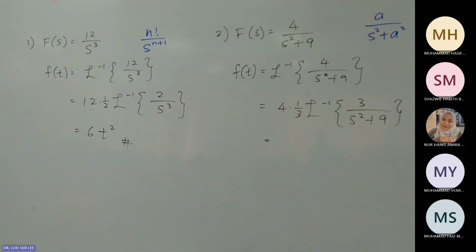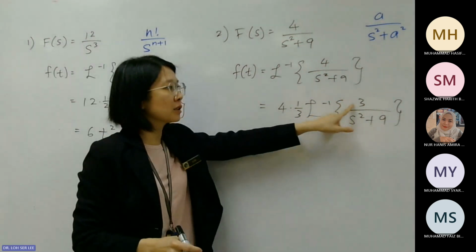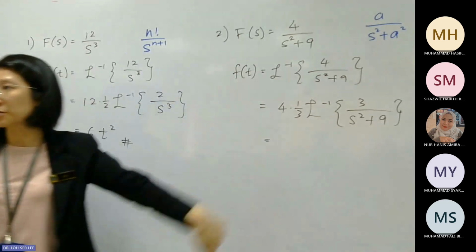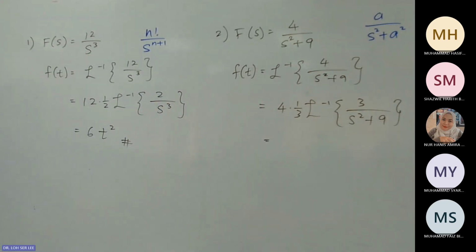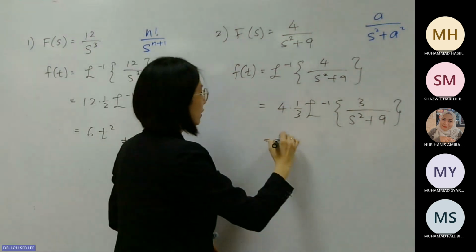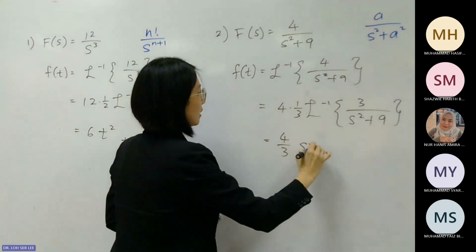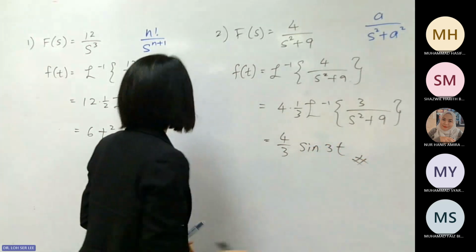Remember, always start from the bottom function because we can easily manipulate the function at the top, but it will be hard for us to manipulate the function at the bottom. So we always start from the bottom, identify the a first, then we manipulate the value at the top. So this is 4 over 3, sine 3t.